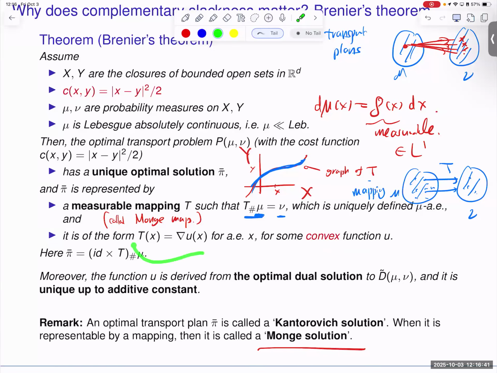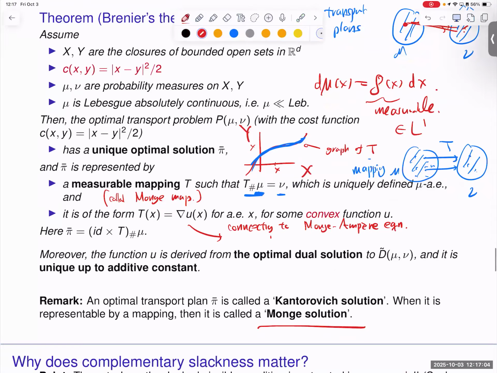Okay? And so now, you will see later that it has a connection to the so-called Monge-Ampère equation, which I mentioned previously. It looks like this: the determinant of the Hessian of that function is given by the ratio of mu of x and nu of the gradient of u.